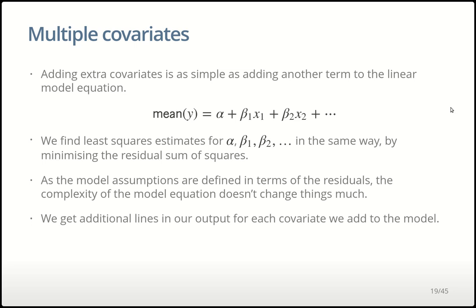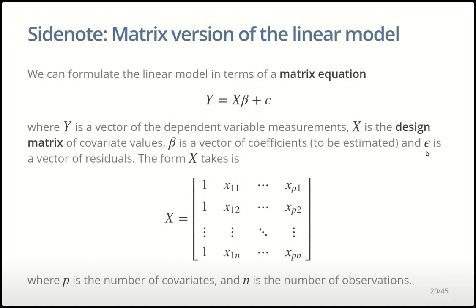What we do get, of course, is estimates for each of the variables that we put in the model, so we get extra lines in the summary of our output. If you want to know about the underlying maths, you can rewrite the linear model as a matrix equation. Once it's in matrix form, adding variables is just adding more columns to what's called the design matrix, the X, and therefore adding more values to the vector of coefficients beta.